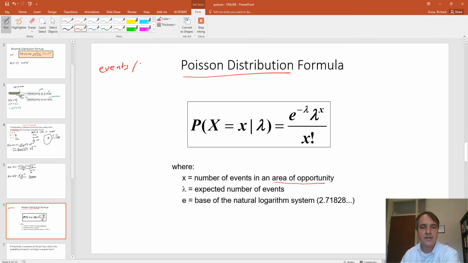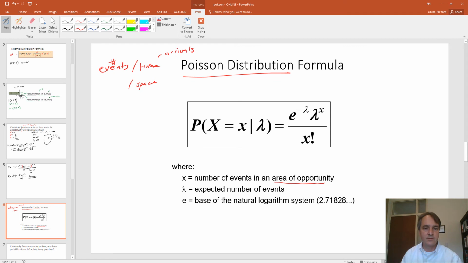But this could be events per unit of time, events per unit of space. Okay, so some kind of continuous quantity. Notice that this is a discrete value, so the number of events in a given unit of time. And a lot of times the key word here is arrivals.